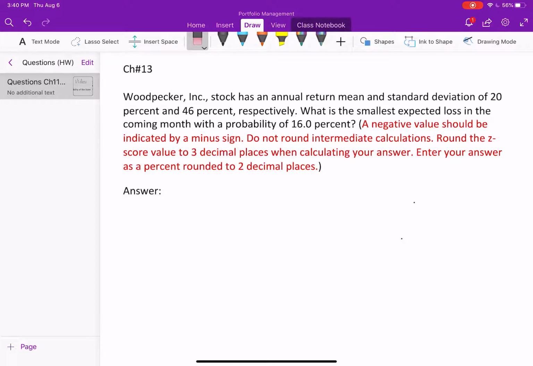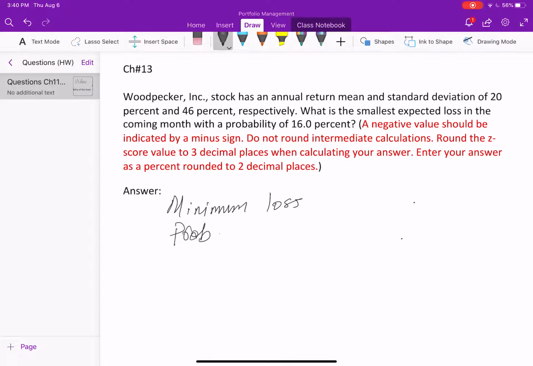There are three important components when we calculate the value at risk. Number one, the minimum loss. Then the probability associated with it, that is, what is the chance of having this minimum loss.